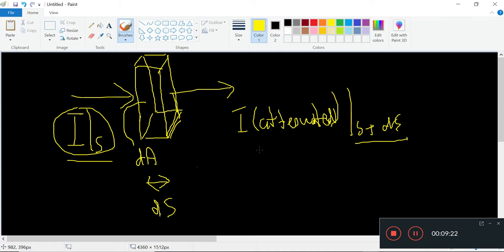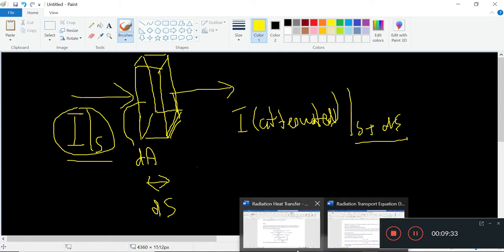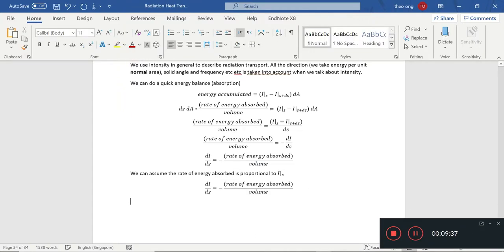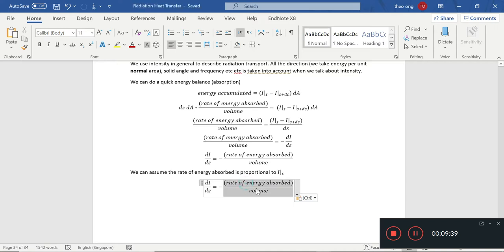If you have a very intense beam and you pass through a medium, you lose a certain fraction of the beam, so overall you have more absolute loss. So we assume that the rate of energy absorbed is proportional to I at S, times some proportionality constant.